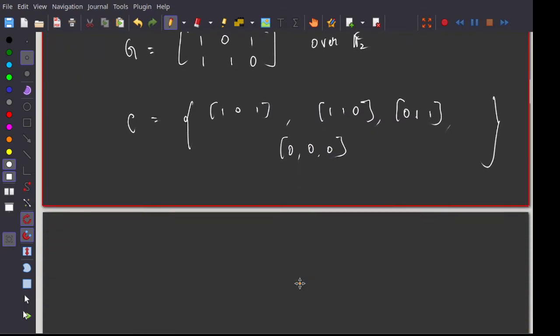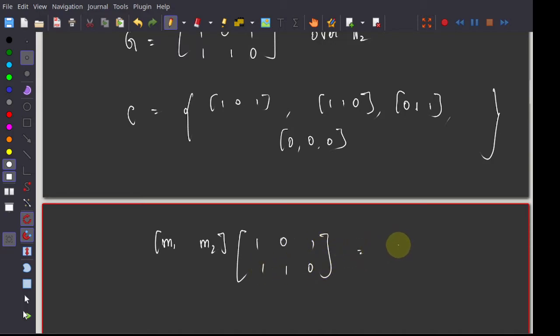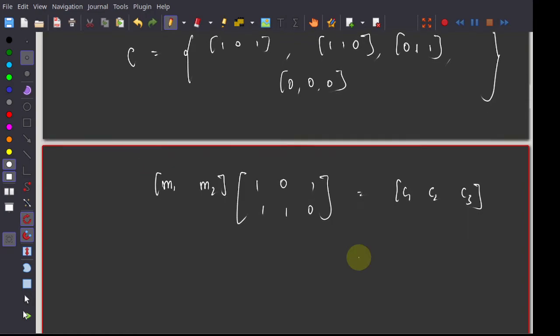So as we can see, one way of generating a code word is by multiplying the generator matrix with a vector. So you can write each of these as some message vector m1 m2 times 101 110. Right?